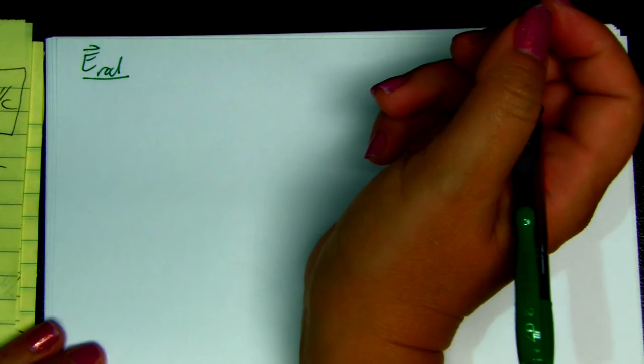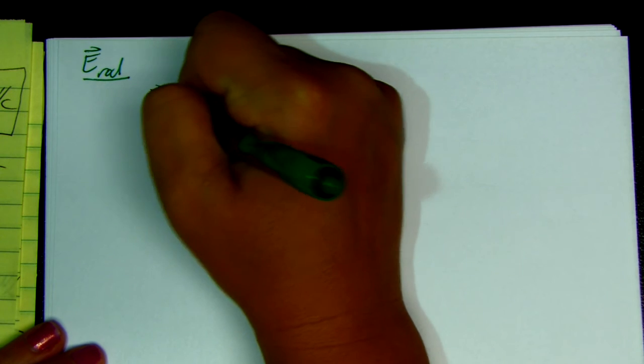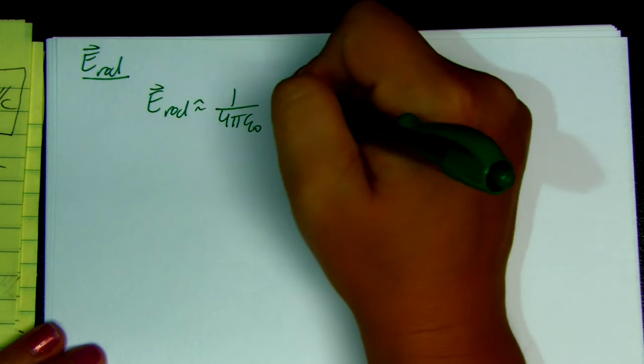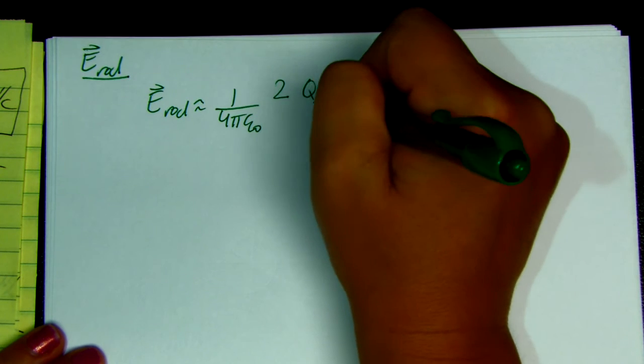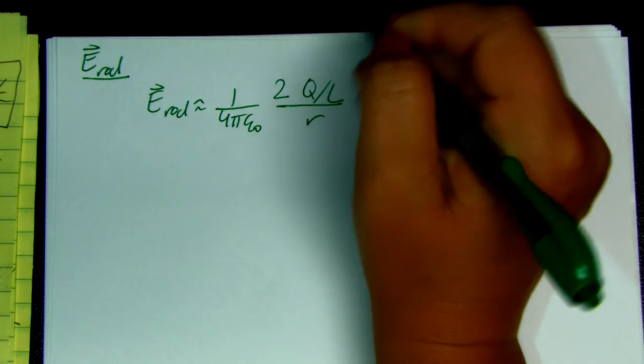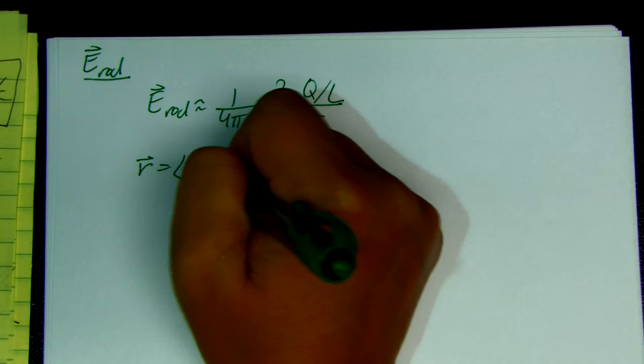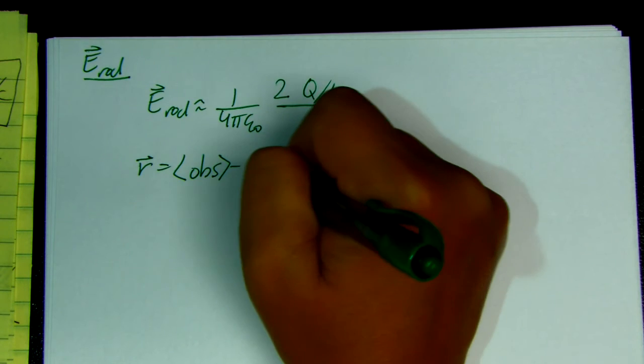All right. So now that we have the field of the disk, we can then go on to the field of the rod. In this case, the observation location is close to the rod and far from the ends, so the electric field of the rod is approximately 1 over 4 pi epsilon naught, 2 Q over L over little r. r is going to be the observation location minus the source.